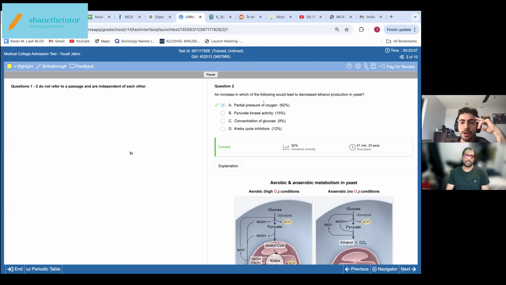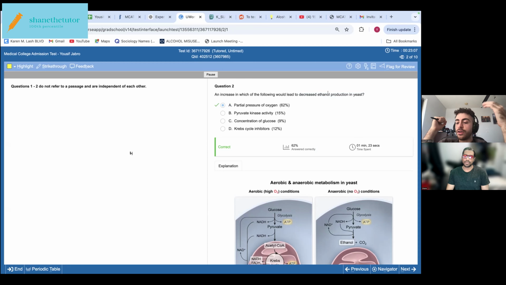So if you go through this question right here, which of the following would lead to decreased ethanol production, we're talking about alcohol fermentation. If you decrease it, it's something to do with oxygen.